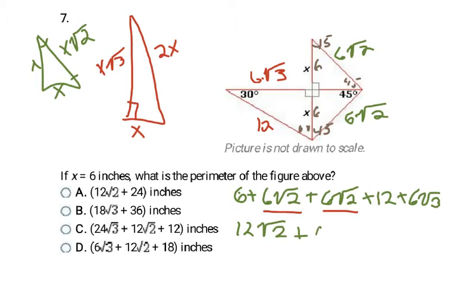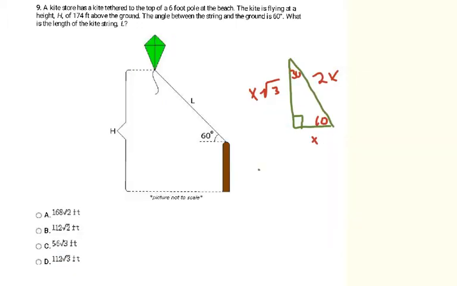And then I can't combine that with the square root of 3 because they're not like terms. It's the fact they have two different numbers underneath here that makes them different. And then I can add the 6 and the 12, and that gives me 18. So this is my final answer, which is letter D.